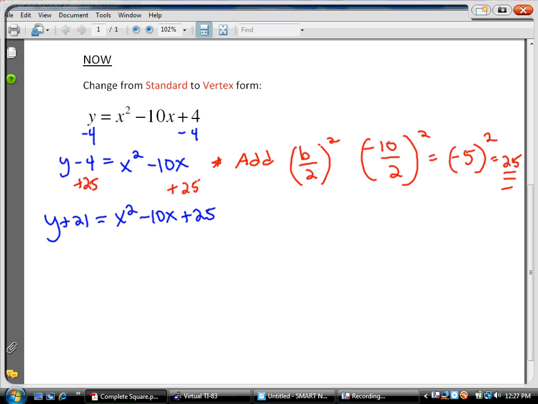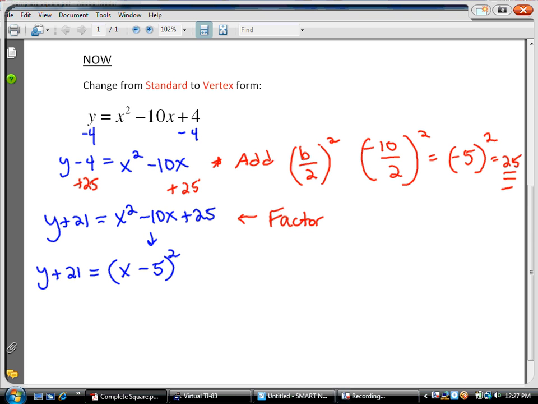Now, if you look at the expression on the right-hand side, hopefully you're recognizing that that's a perfect square pattern. So the next key step is to factor that. Hopefully you remember what pattern that is. We have x minus 5, the quantity squared.